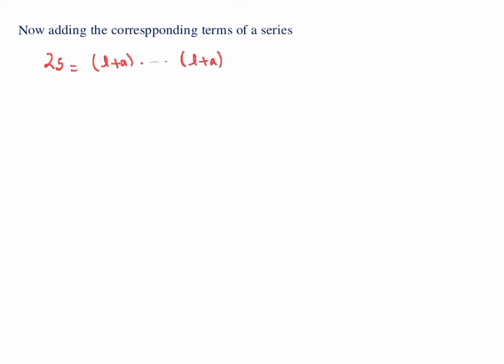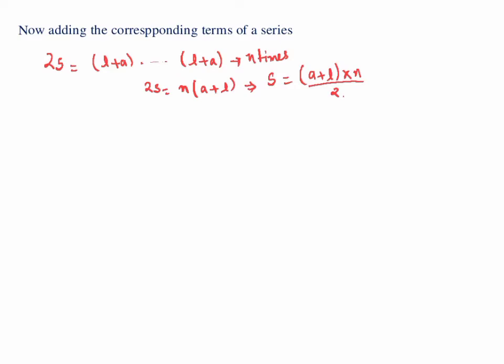How many times did you get it? You got n times. So basically you can say 2S equals n times (a plus L). On further solving, we will get S equals (a plus L) into n by 2.